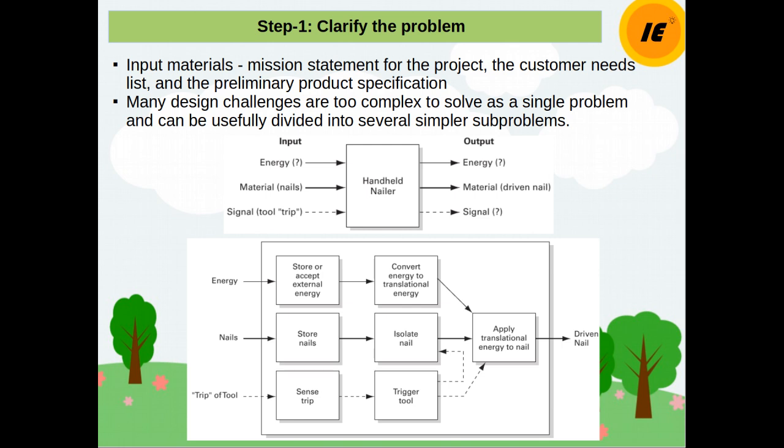The first step is called clarify the problem, where the input material for that particular step can be the mission statement of the project, the customer needs list, and the preliminary product specification. The customer need and preliminary product specification are context or material that I haven't discussed.